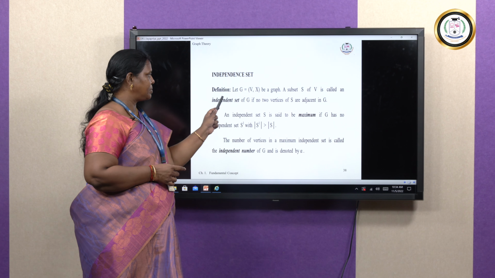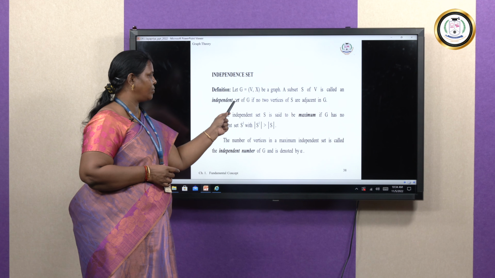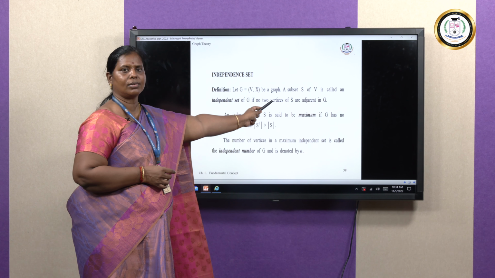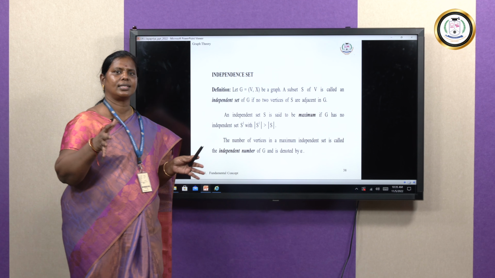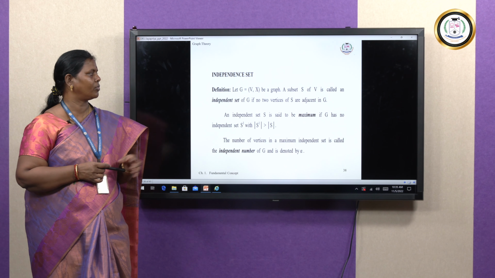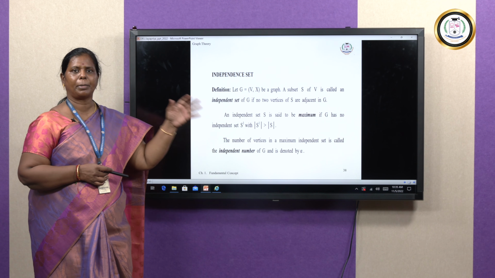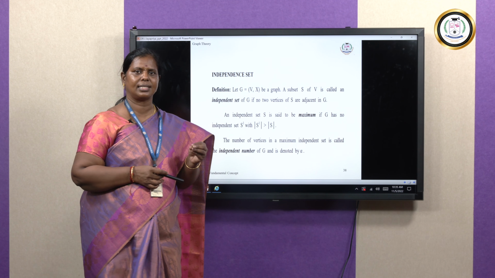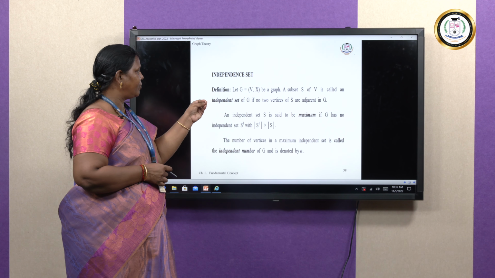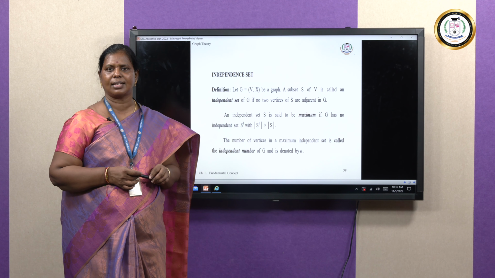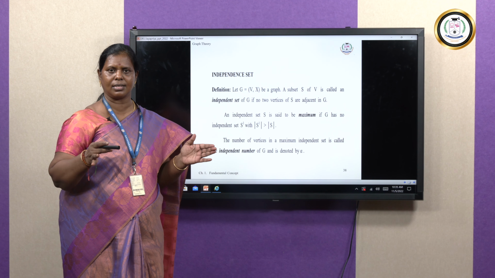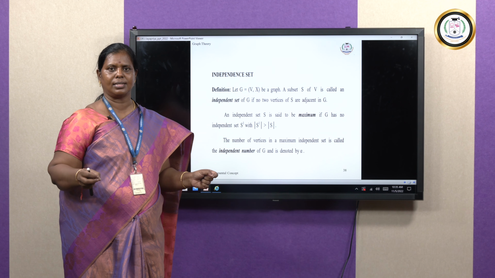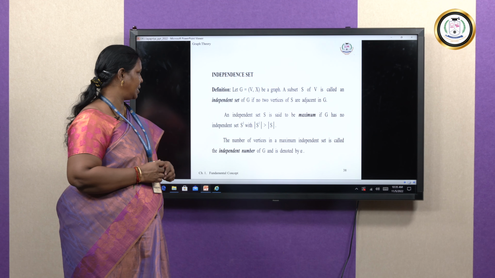Take a subset S of V. We call that subset an independent set of G if no two vertices of S are adjacent in G. So, whenever the vertices are not adjacent, we pick all those vertices and call it an independent set.